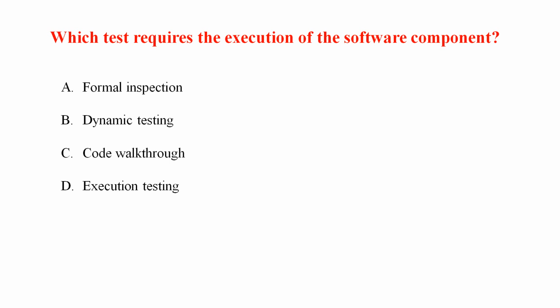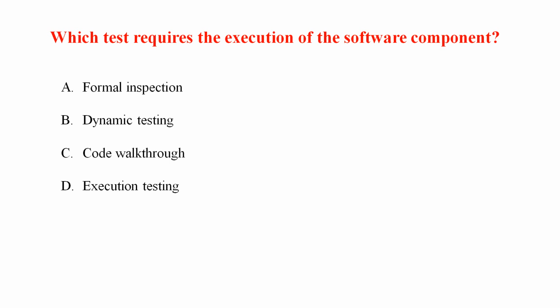Formal inspection is nothing but static testing, where execution will not happen. Dynamic testing, yes, here the execution will happen. Code walkthrough is also static testing where execution will not happen. There is no such type as execution testing.